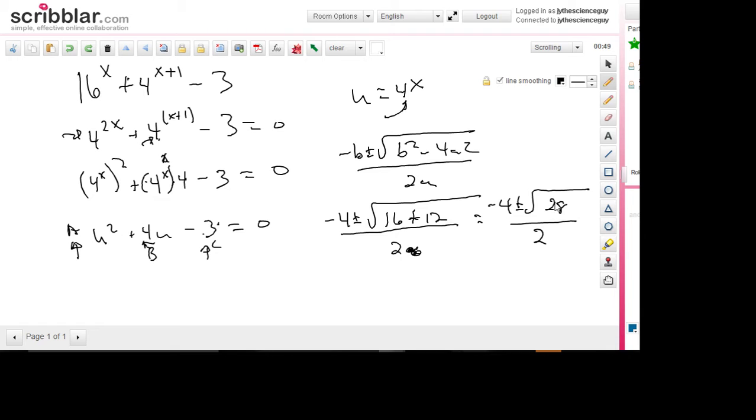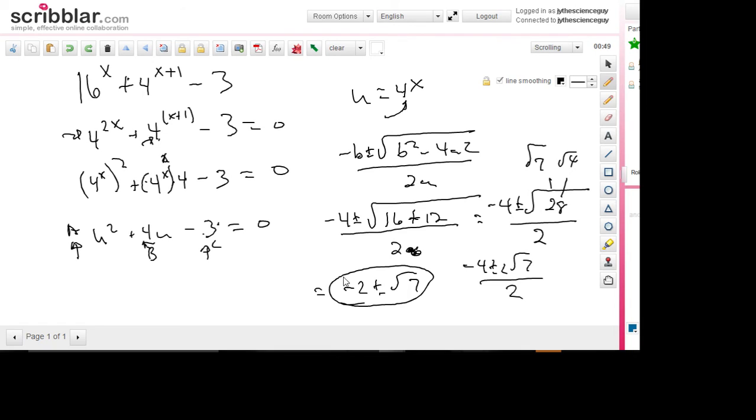Gotcha. So this would be the square root of 7, and this is the square root of 4. So then this is going to change to negative 4 plus or minus 2 root 7 all over 2. And then you get negative 2 plus or minus root 7. And that's the answer they have in the back of the book, right? Oh yeah, that's what it was.